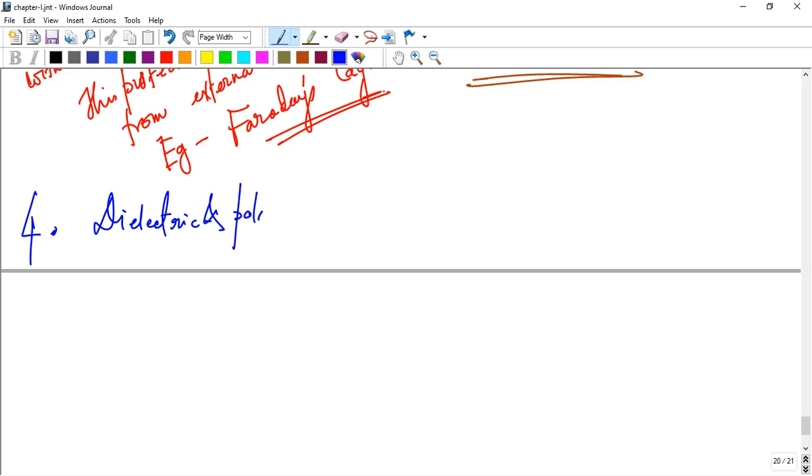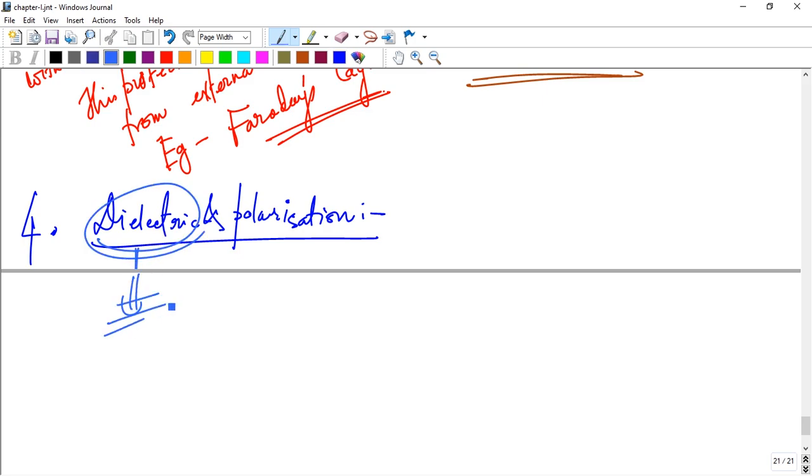So what is a dielectric? A dielectric means a non-conducting substance, or say an insulator, that can be polarized by an external electric field. And what is polarization? The process of inducing dipole moments in a dielectric by applying an external electric field.